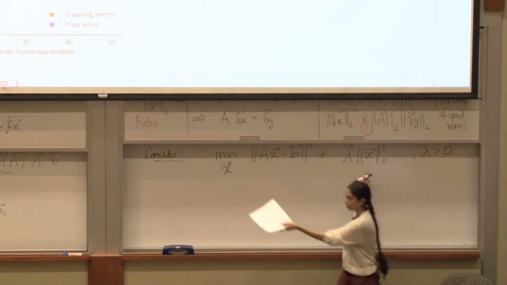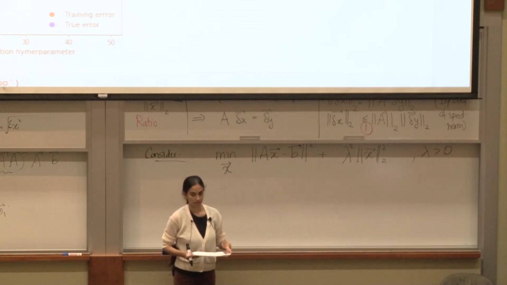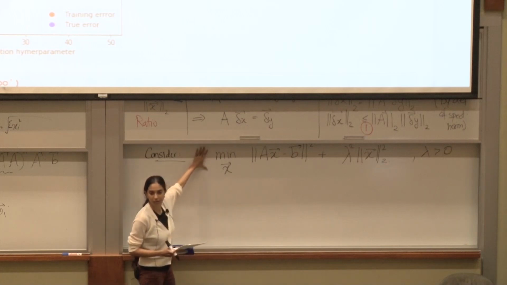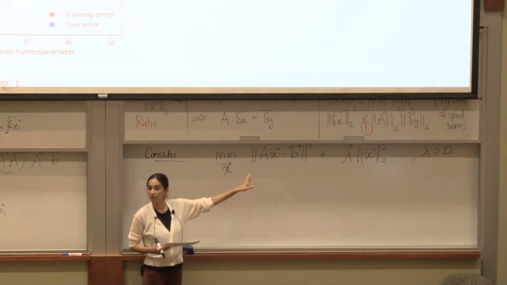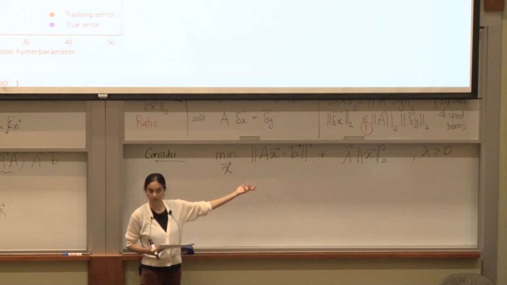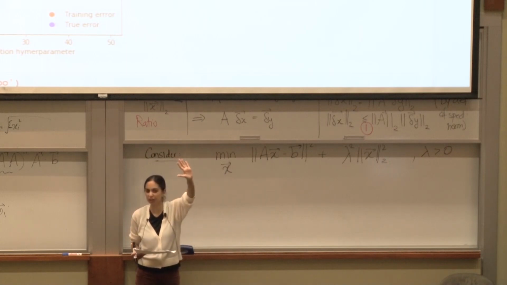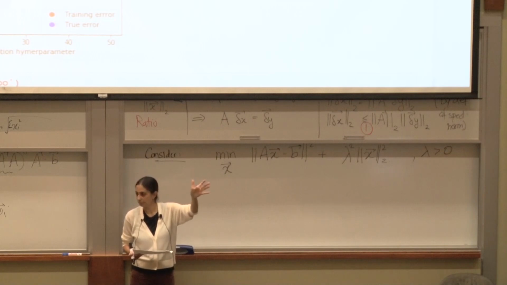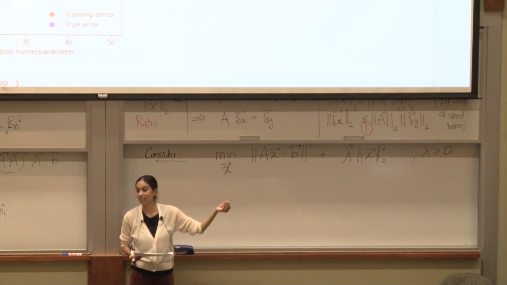But how is this related to that hack? That's what we want to try and solve next. So I have this. This is now a nice quadratic function. We haven't proved this yet, but we know that this is a convex function. So just assume for now that this is convex, and therefore we can find the minimum, and it will be a unique minimum, by taking the gradient of this expression and setting it to 0, right?